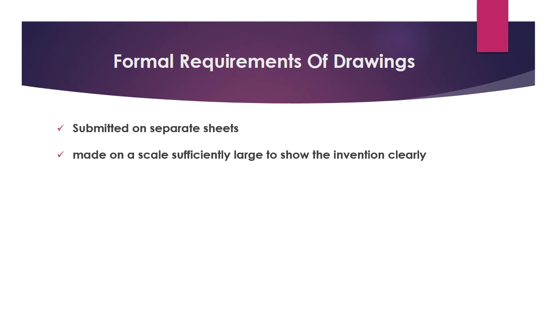You should not use any color on your drawing sheet, and it has to be made very clear, so that the examiner who is seeing it can easily understand what you are actually claiming out of this drawing. So if you are claiming a part of some device, then you show the whole device in the drawing, but the part you are claiming should be clearly visible in that drawing. That is the requirement of the patent office.